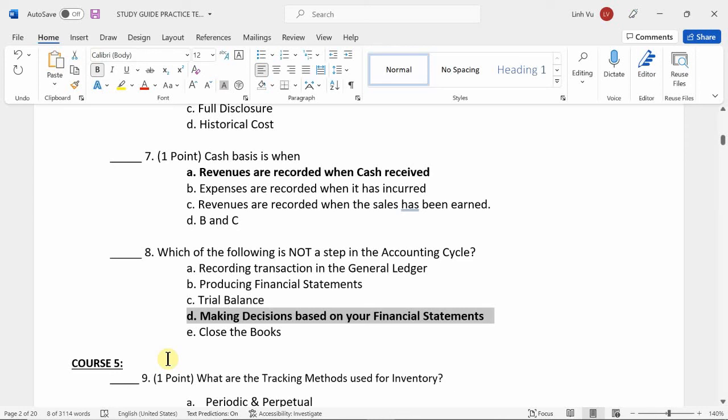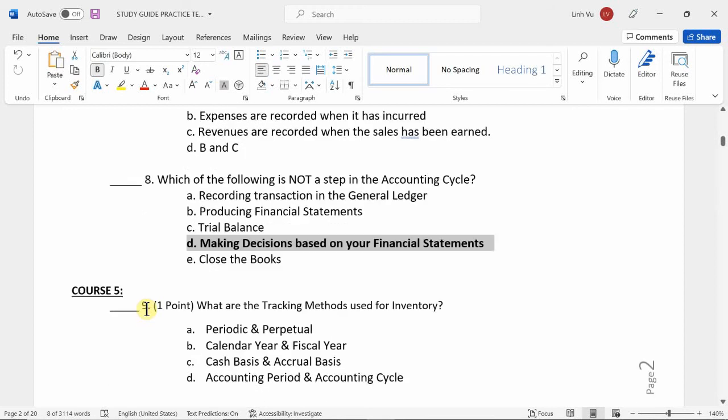Either the accountants do it, or even your profit managers, or anybody in your company that's in a position, they will be analyzing and looking at those financial statements, including the accountant. However, that is not part of the steps of the accounting cycle, because your job as the accountant is just to close out the books. So you produce the financial statements and you just close them out. Then afterwards, when you've done that, that's when you can go ahead and make executive decisions based on the findings in your financial statements.